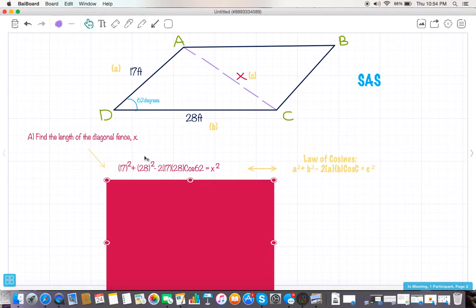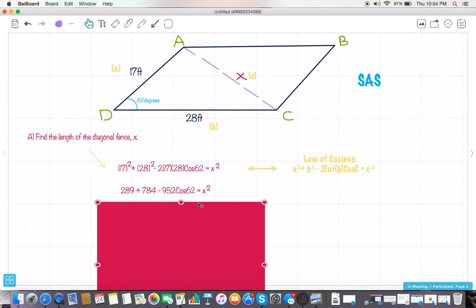Next, we have to solve for 17 squared and 28 squared and multiply those numbers together. So we get 289 plus 784 minus 952 cosine of 62 degrees equals x squared.